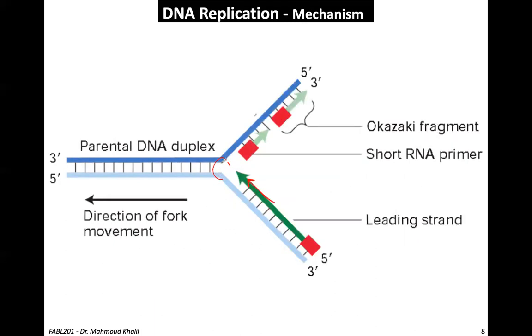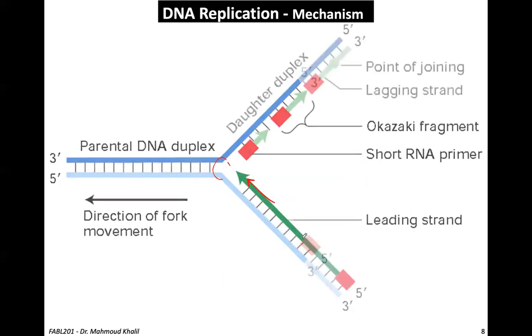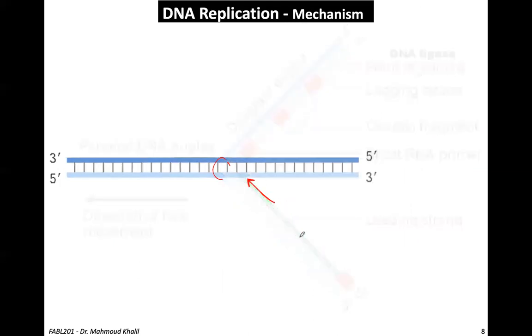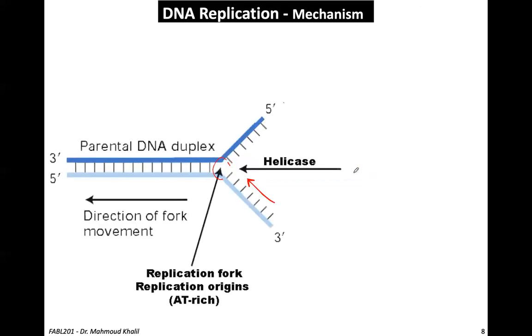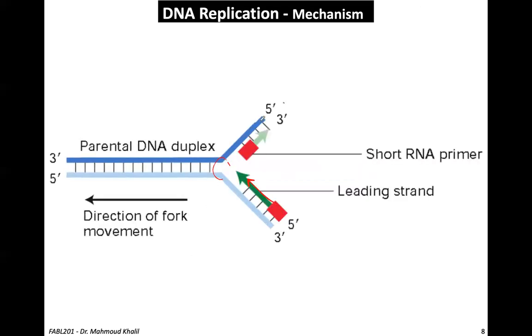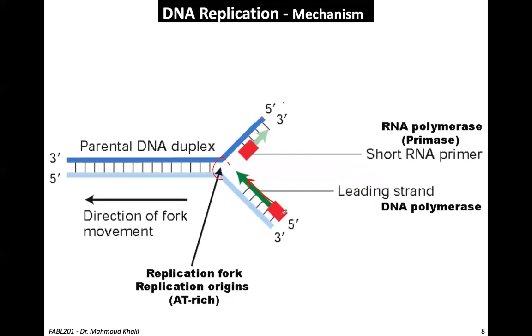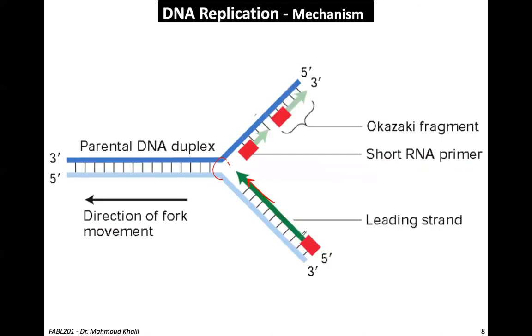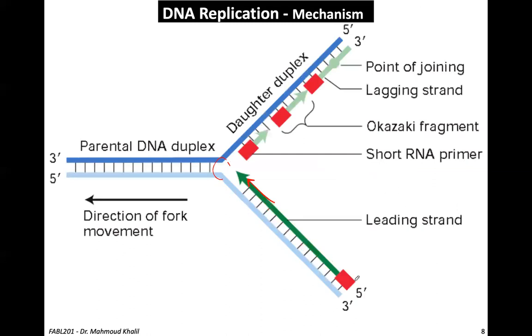And when the replication fork is more elongated, the leading strand extends to form a new strand on the template strand. Again, a helicase will melt the DNA, and a replication fork is formed. You can see the red primer has been added, and the synthesis starts from the 5' to the 3' direction.